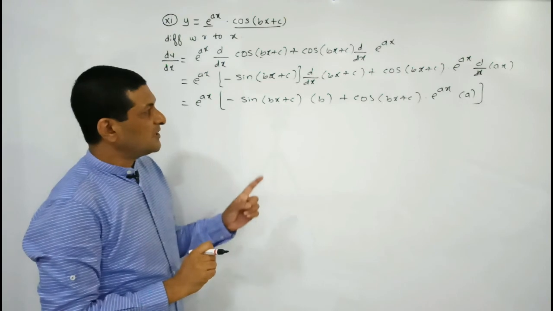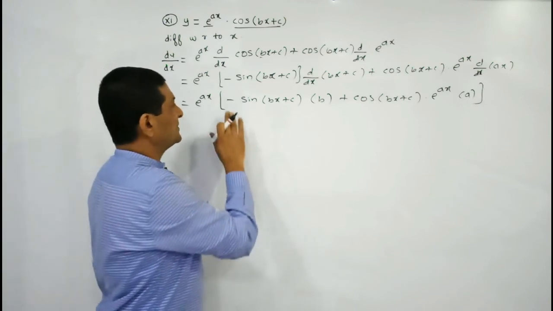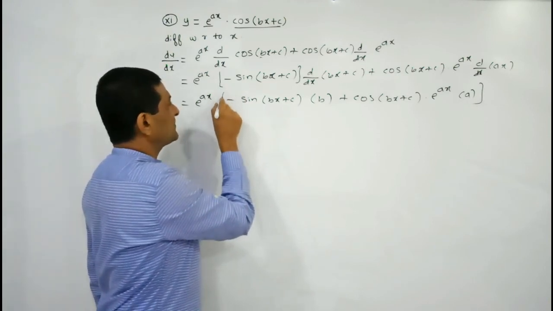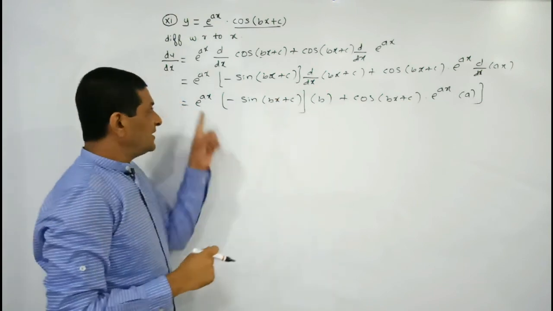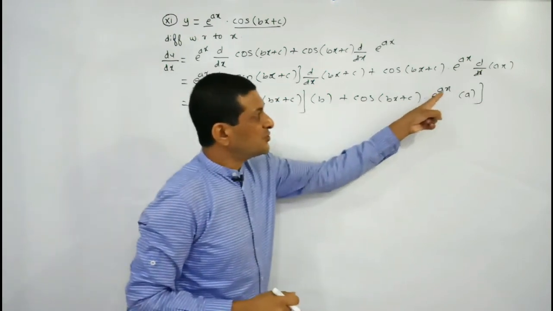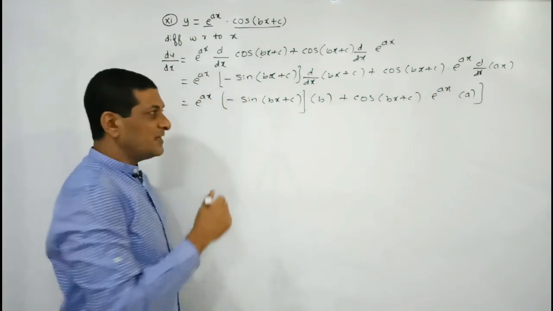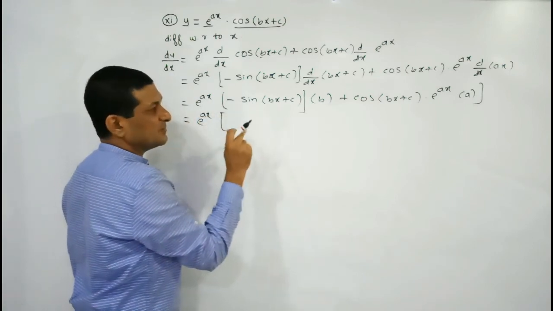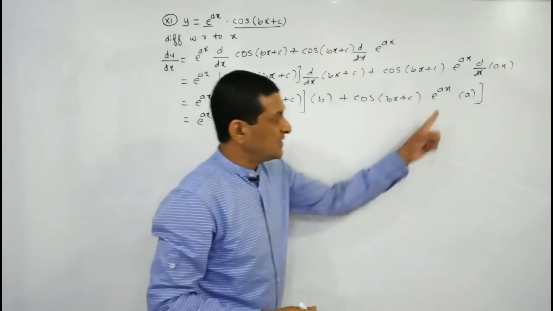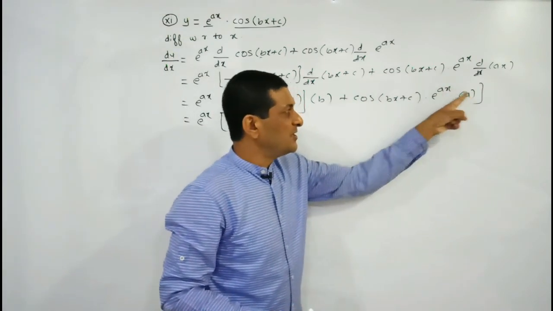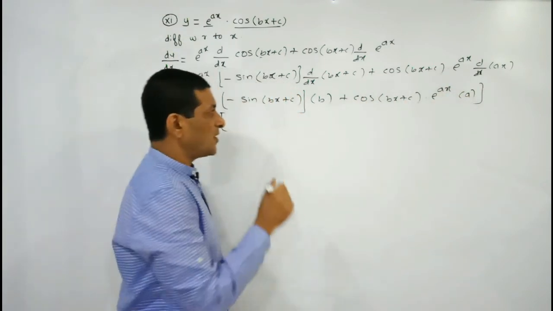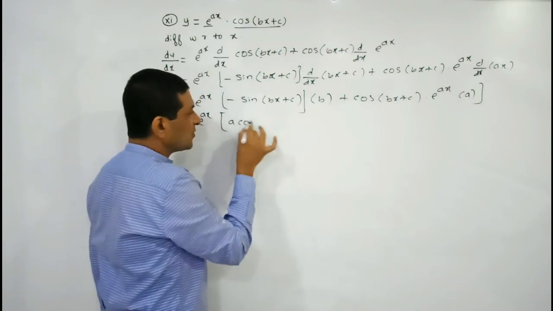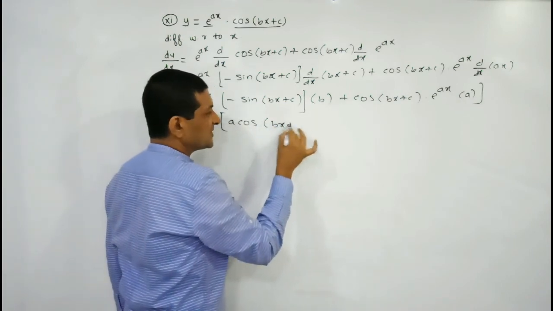Now we can observe that from both the terms, we are able to take e raised to power ax common. If we take e raised to power ax common from both the terms, the remaining term is, first write down the positive term. If I take e raised to power ax common, its multiple here is a into cos bx plus c.